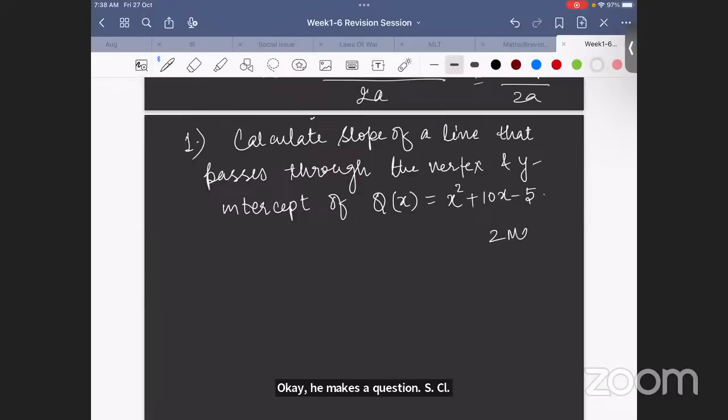So, a 2-mark question. This is NAT. You need to type the answer. Calculate this.